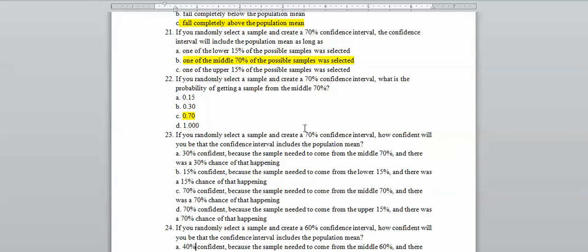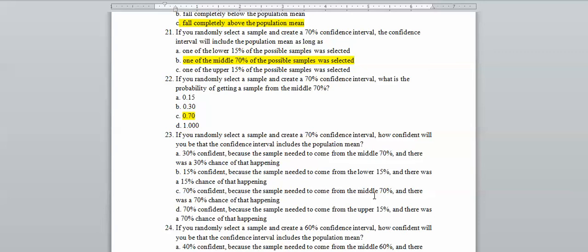I told you that if you create a 70% confidence interval, your sample has to come from the middle 70%. Otherwise, it's not going to work. It's not going to include the population mean. And I also told you that there's a 70% probability of it coming from the middle 70%.